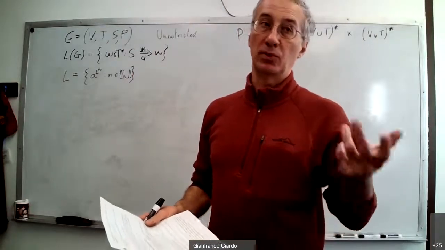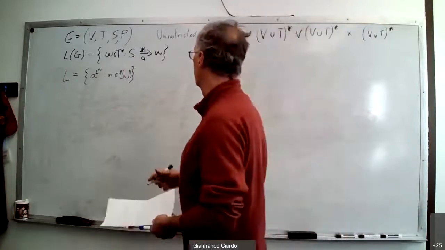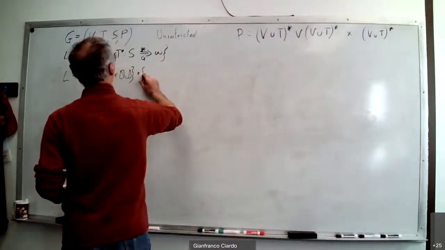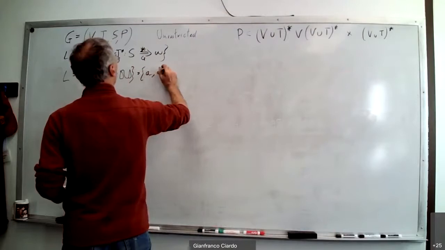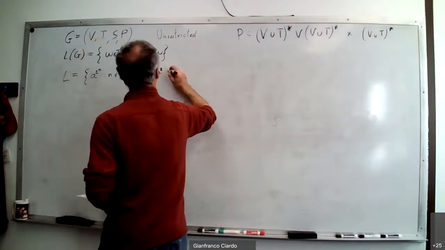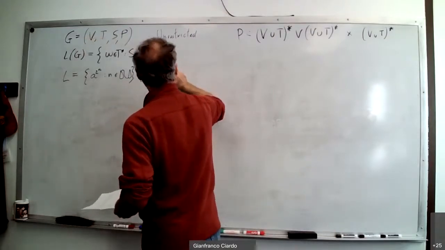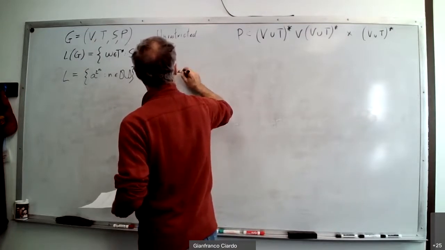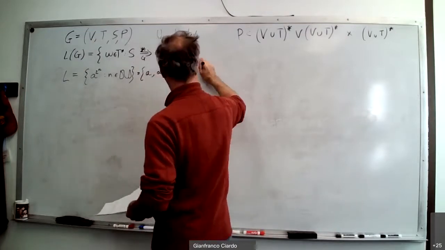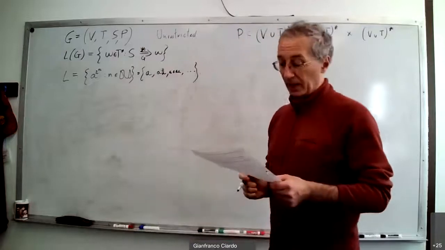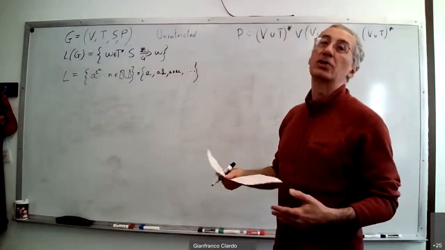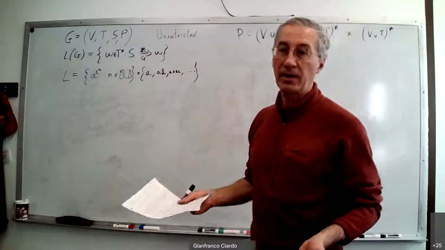So 2 to the 0 is A, and so on. So again, this also, of course, is non-regular, non-context-free.